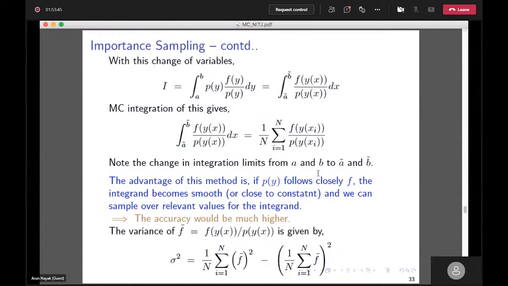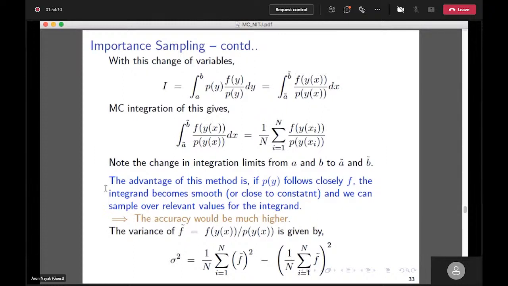The advantage is that if p of y follows very closely to f, then this ratio becomes more or less flat, because the distribution of p is pretty close to f. So our sampling becomes better.